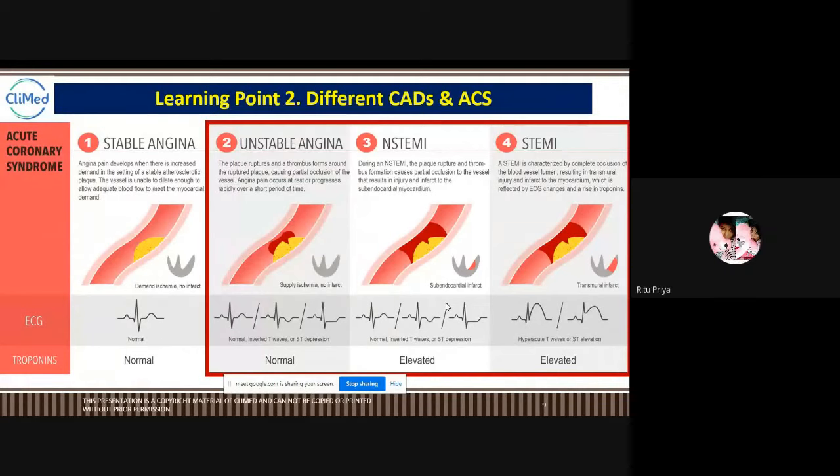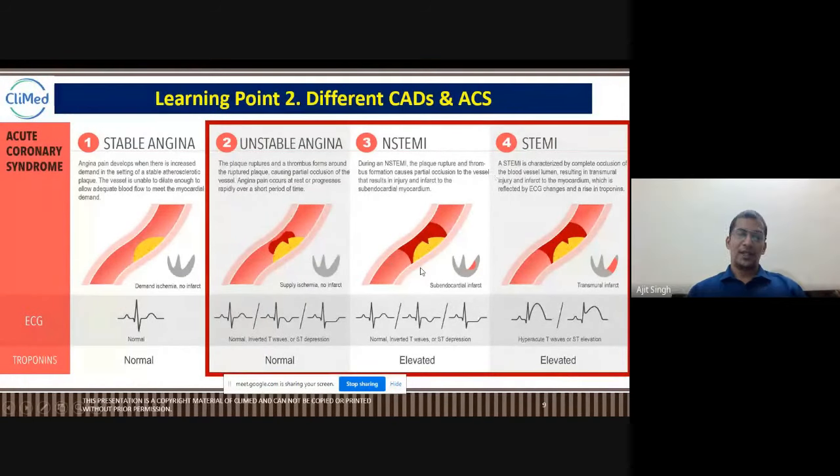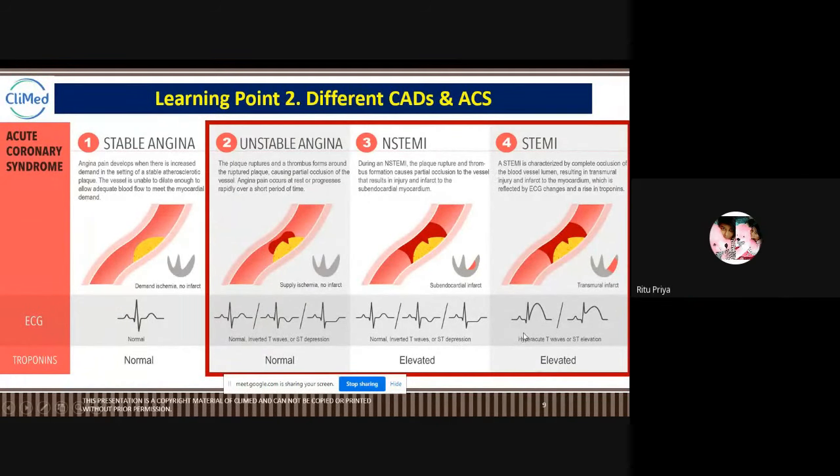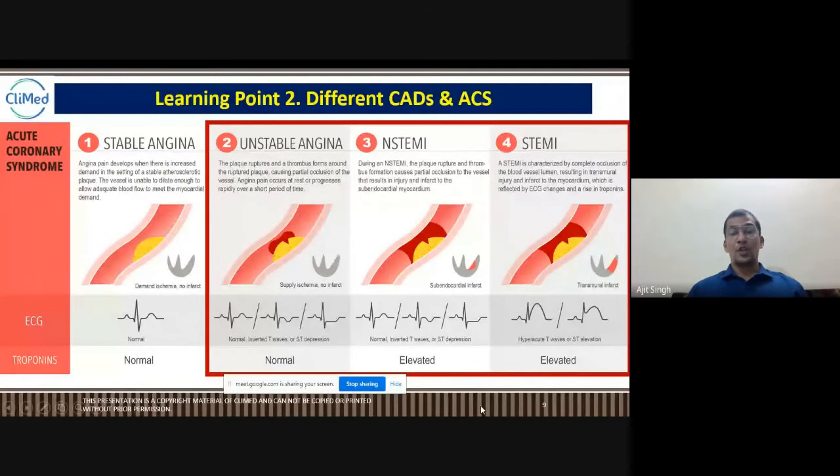Okay. Excuse me, sir. Yes. Sir, can bypass surgery only be done in the condition of STEMI? Not necessary. It is based on the percentage of the blocks and number of the blocks, number of the plaques in the arteries, how many arteries are covered.